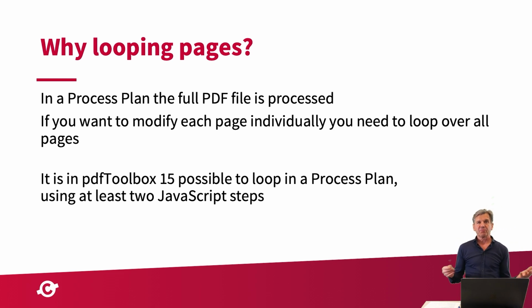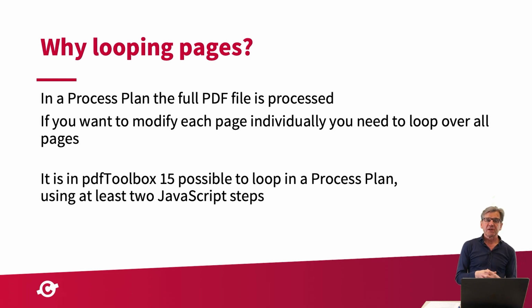So for instance, if pages have varying page sizes, you may want to process them differently, or you want to place something onto a PDF page that is different on each page. Then you want to loop over all the pages in the process plan. That means in every run through the process plan, you would process only one page. And via a variable, you would make sure that one page is processed after the other.